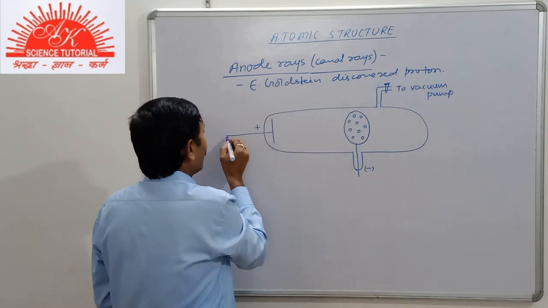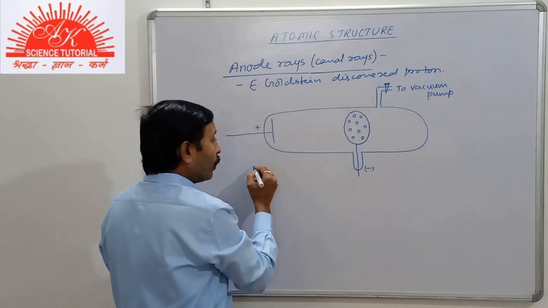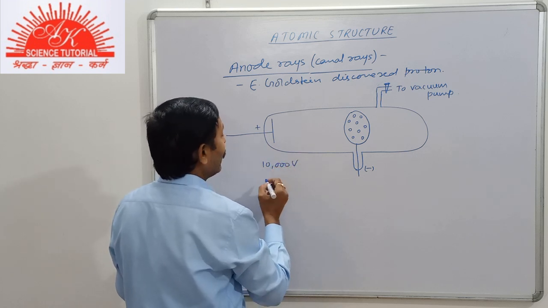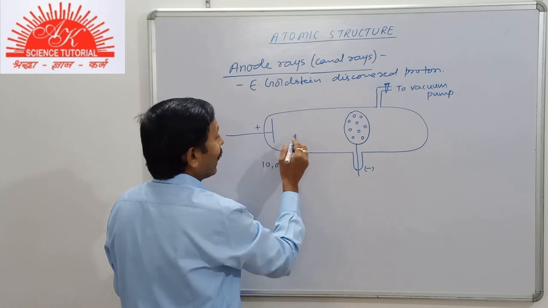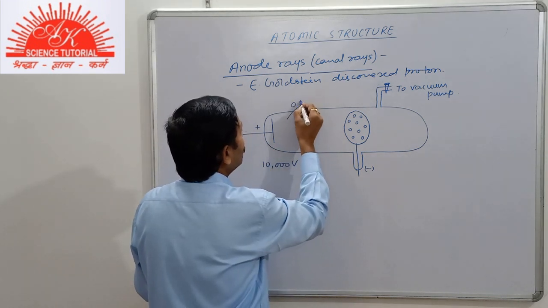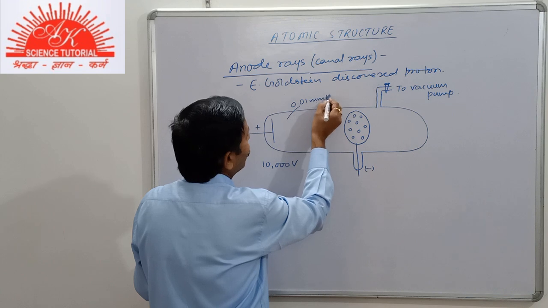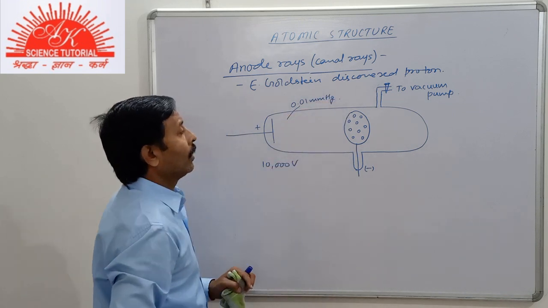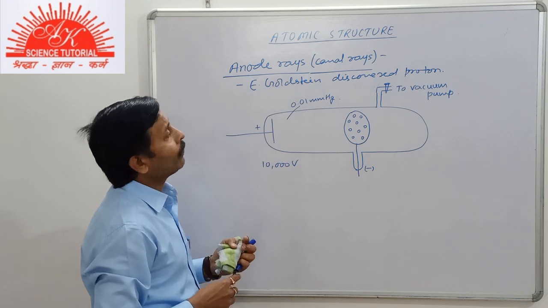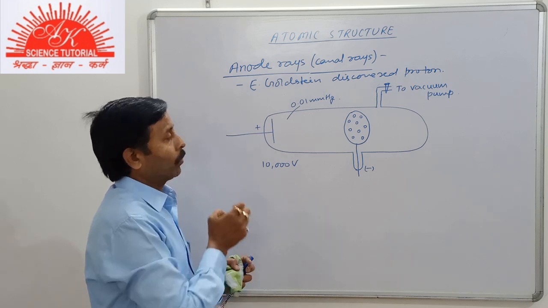Again a voltage of 10,000 volts was applied, with gas at a pressure of 0.01 mm of Hg. So this is the discharge tube used for the discovery of anode rays or protons.